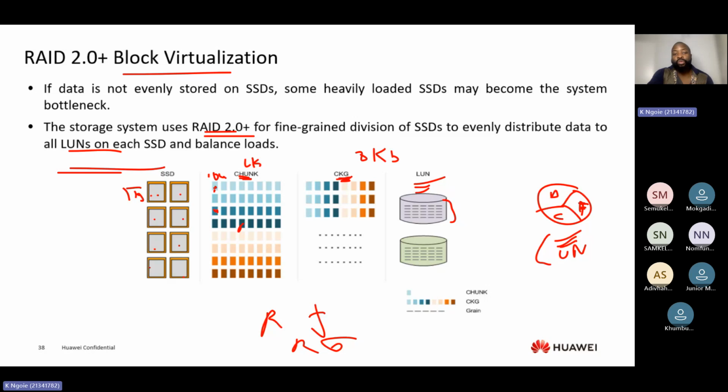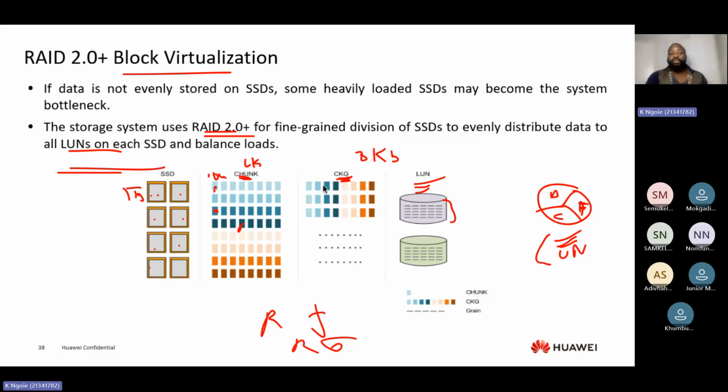All right. So in simple terms, RAID 2.0 basically works like breaking your SSDs into Legos. You know, the Lego bricks that kids play with. Your SSDs are divided into these smaller chunks. Then we assemble those smaller parts to create a group of chunks, which will be called a CKG.